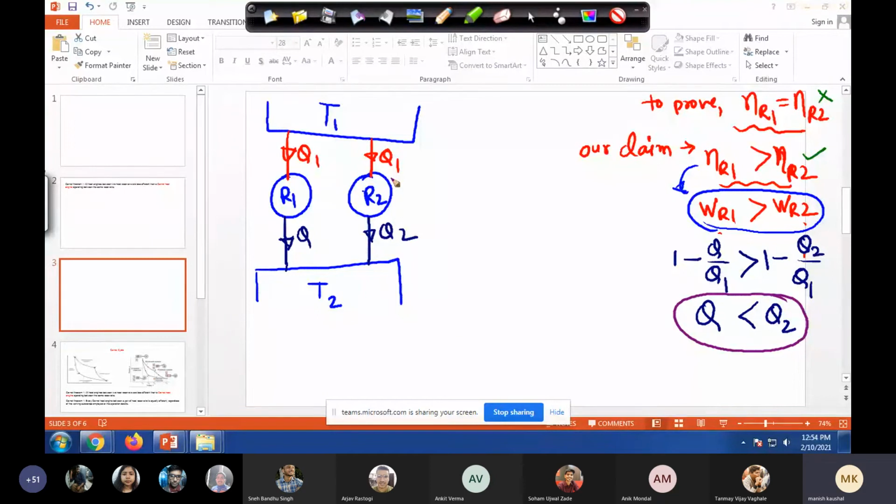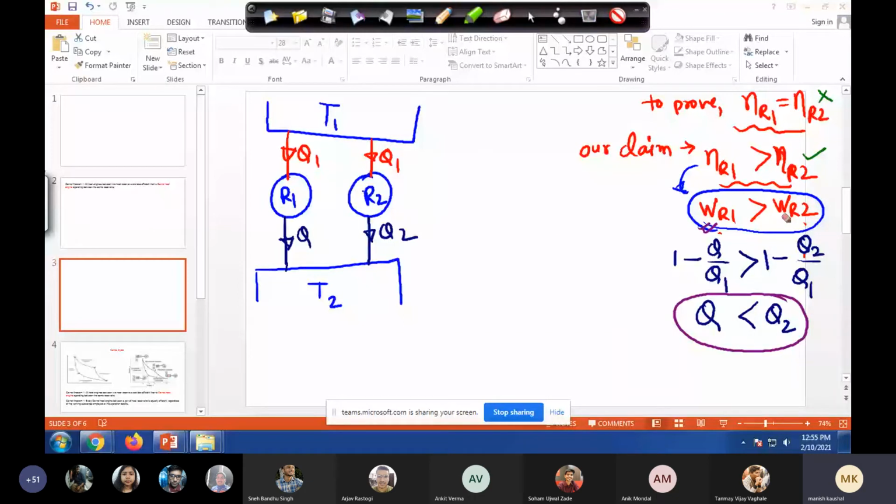Why are we flipping it? Because if you remember, WR1 is greater than WR2. So it means that WR1 minus WR2 will be a positive work which you can provide to a pump, and then you can transfer heat from a low temperature to a high temperature body. Since both engines are reversible, I can flip any one. I am flipping R2 because the amount of WR1 is greater than WR2. So let's flip it.